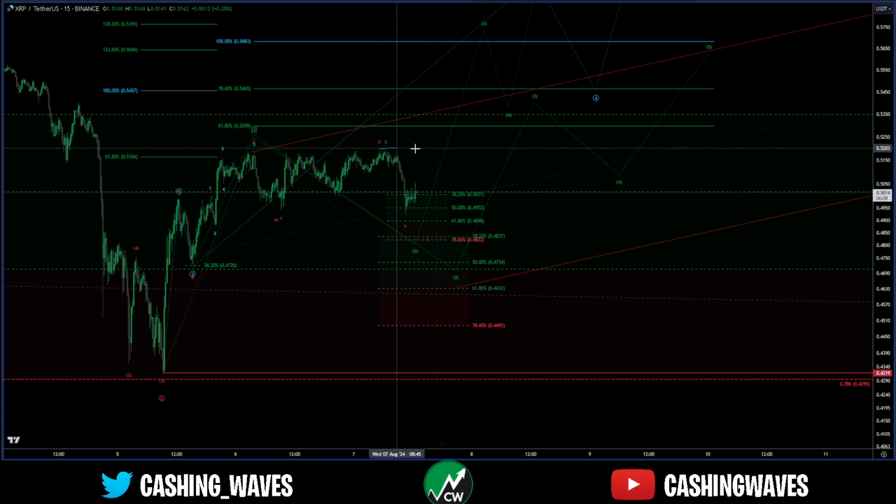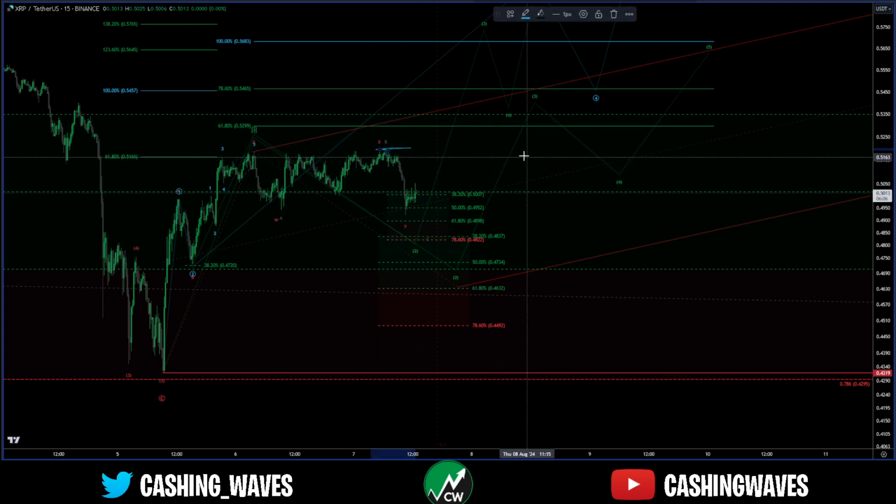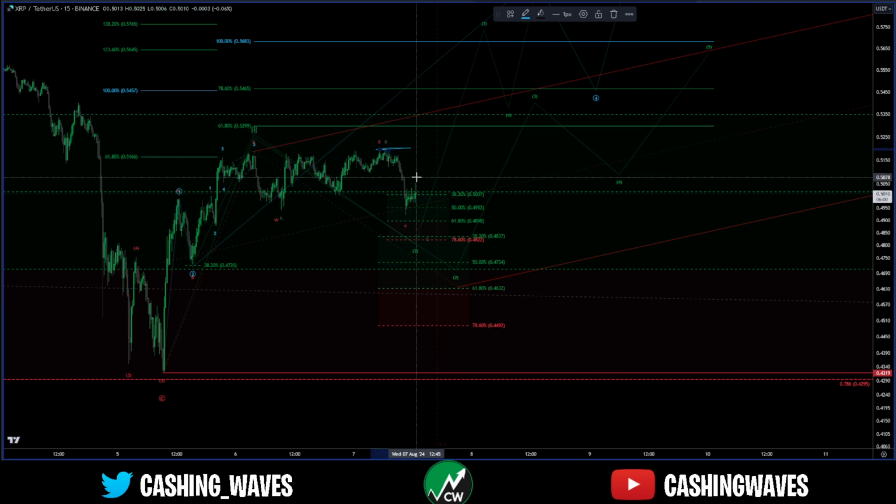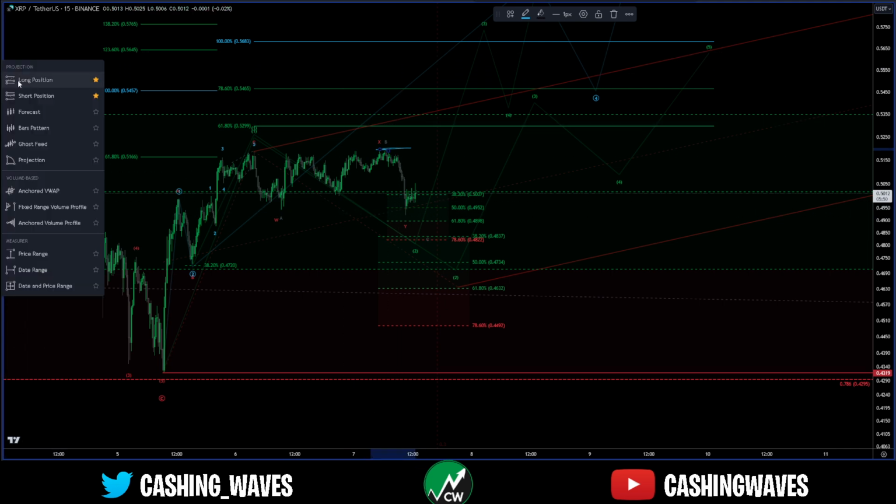You can see that B wave in both scenarios is the area that needs to be broken to the upside. That's why I'm suggesting in this area, not financial advice, this is just what I prefer to do, is to not buy at this level, wait for the break of this B wave, because my stop can go at the previous pivot.